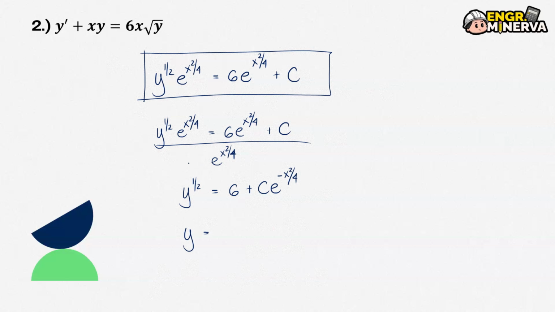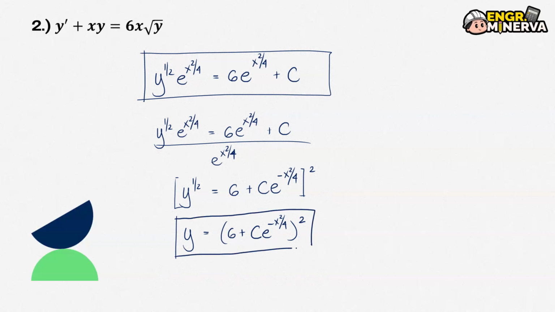Your square root is y, no? So it means if we raise the whole equation to the power of 2, we can eliminate your 1/2. So that would be 6 plus c e raised to negative x squared over 4, squared. So this is your explicit solution.